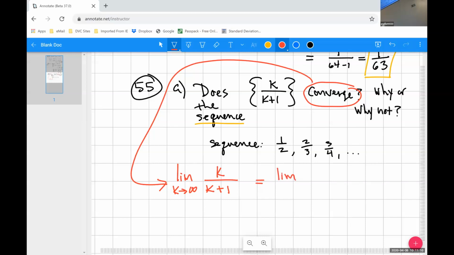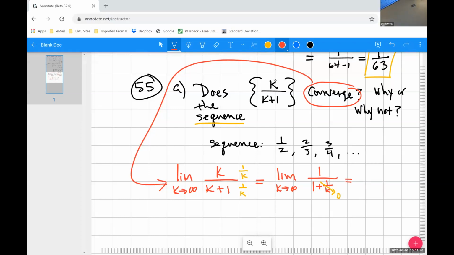and maybe the easiest way to remind everybody of that is by adjusting it algebraically. If I multiply the top and the bottom by 1 over k, I'm dividing out by the biggest power of these polynomials in this rational expression. Then this simplifies to being the limit of 1 over 1 plus 1 over k. And then when you write it that way, as k goes to infinity, you can see that this little part here shrinks away to nothing.